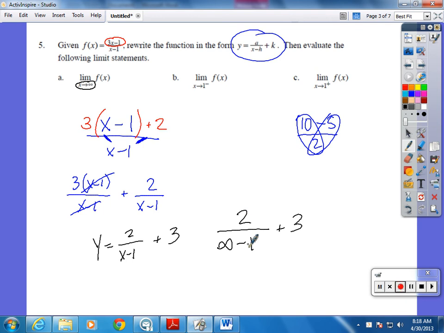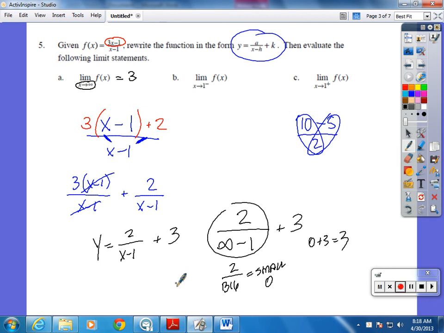And by small, we mean close to 0. So this right here is 2 divided by big, which equals small. Remember, small is 0. So 0 plus 3 equals 3. So the limit of f of x as x approaches infinity equals 3.